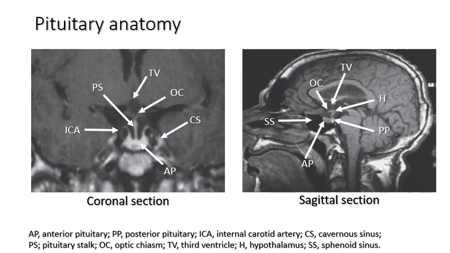When we look at the pituitary gland in its position in the sella turcica, it is just in the center of the brain. So any disease or lesion, especially tumors, if large enough, can result in compression of many of these vital structures.